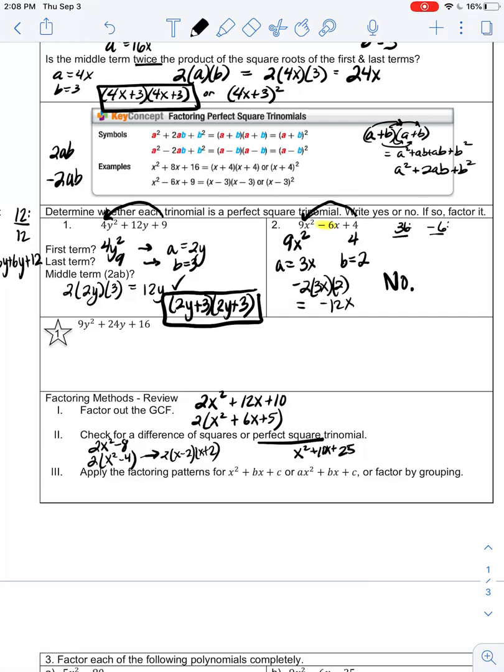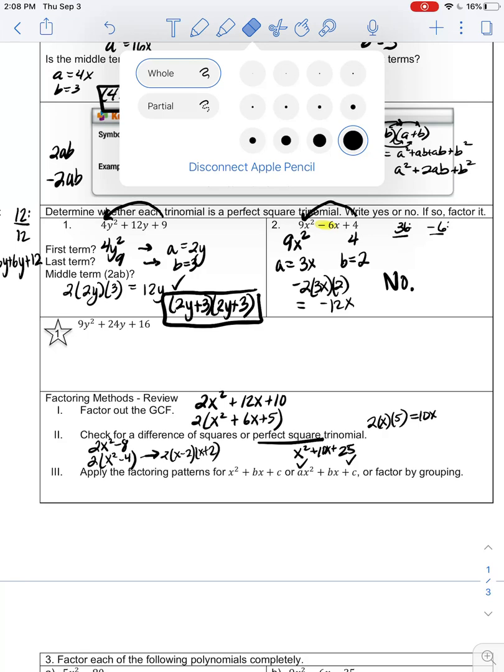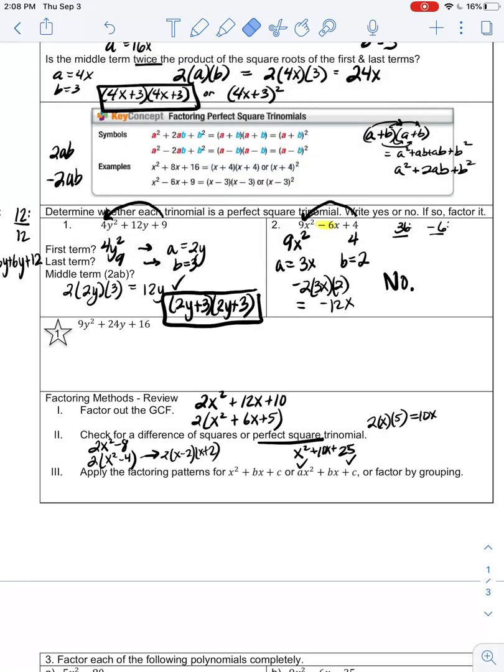So you check, is the first term a perfect square? Yes. Is the last term a perfect square? Yes. Is the middle term 2 times the square root of the first times the square root of the last? Yes, it's 10x.